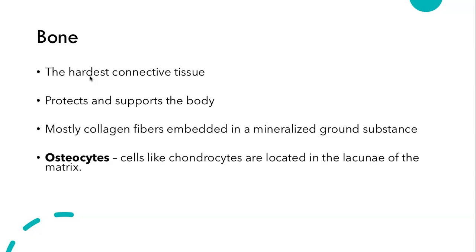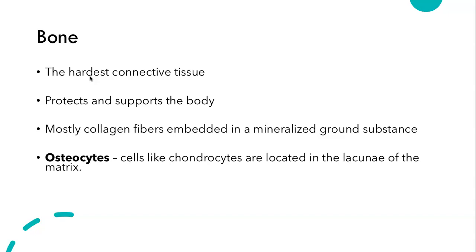Bone cells are called osteocytes. So just like chondrocytes are the cells that make up cartilage, start with a C, by the way, and osteo, you could think of osteoporosis, right, where bone gets holes in it because of a disease. But osteocytes are the cells that make bone.